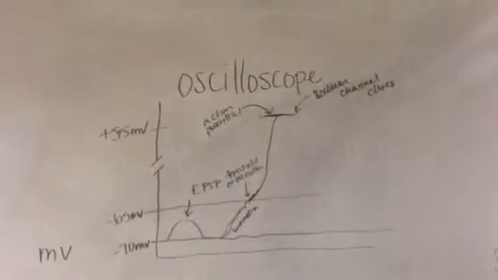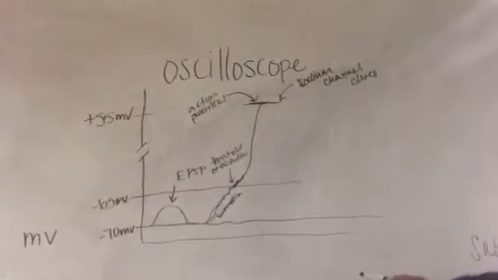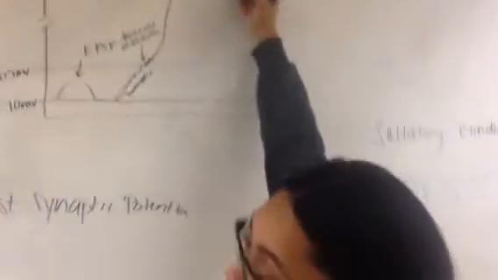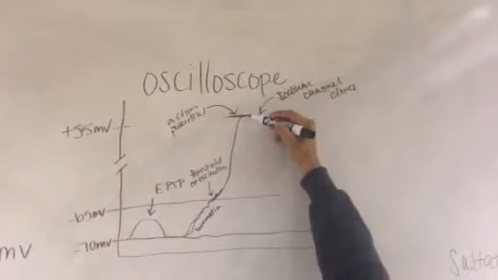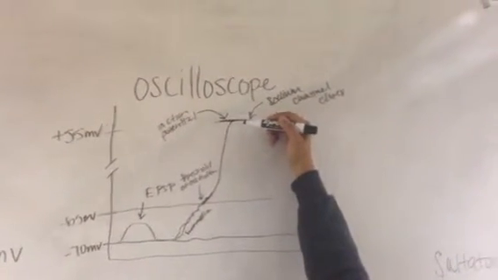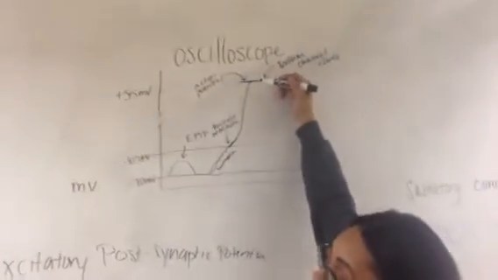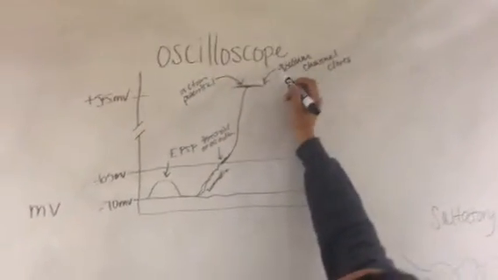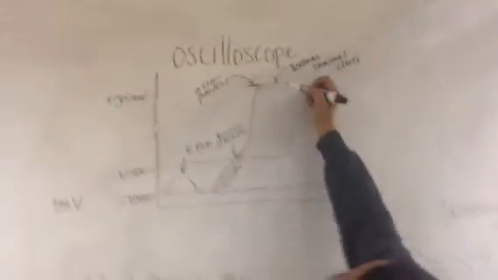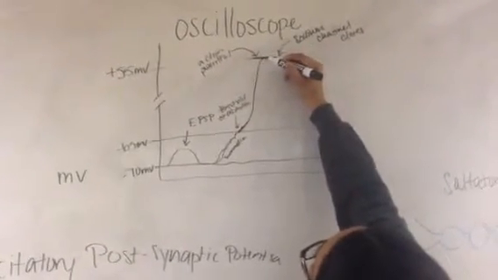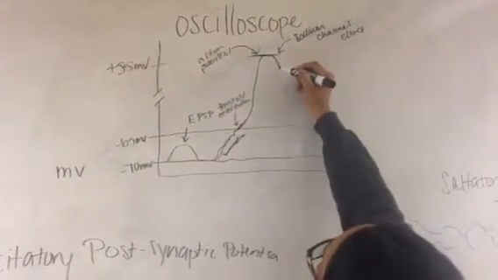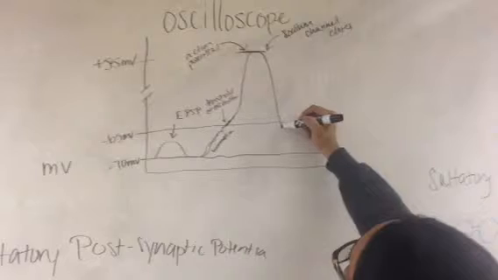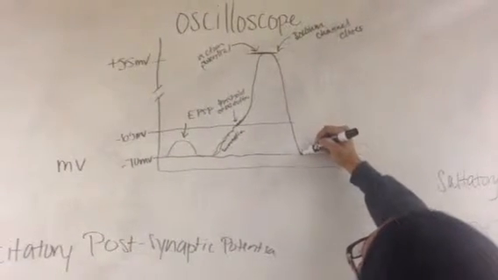And now what will take place is that potassium channels will start to open, because potassium is also on the inside of the postsynaptic membrane, and they need to reach equilibrium, which they are not. So here at the peak, sodium channels close because sodium is at its equilibrium, and this now brings it down with the flow of potassium out of the cell to a point of hyperpolarization.